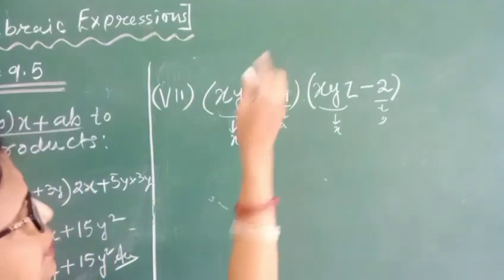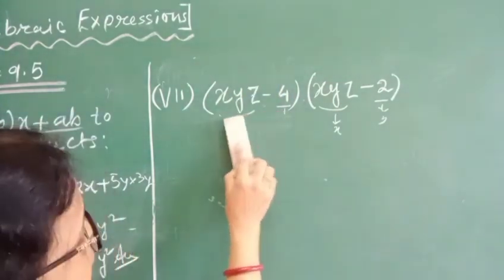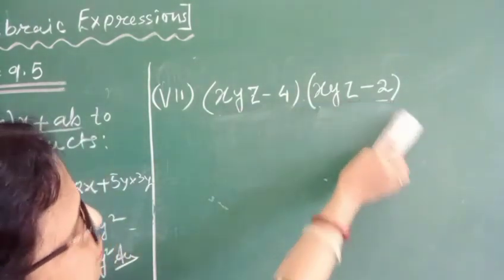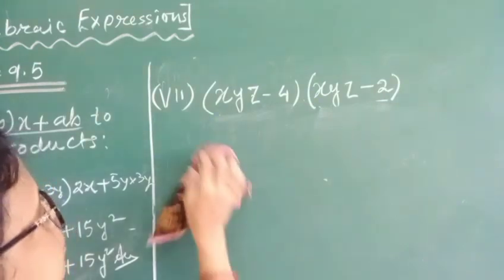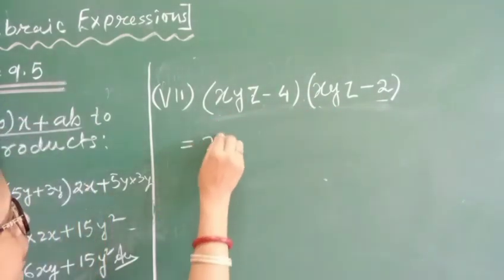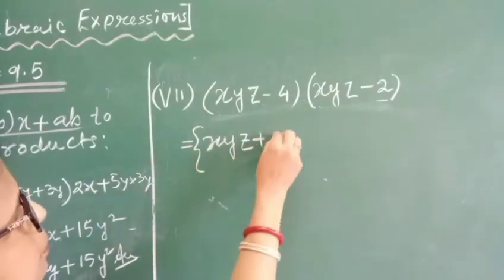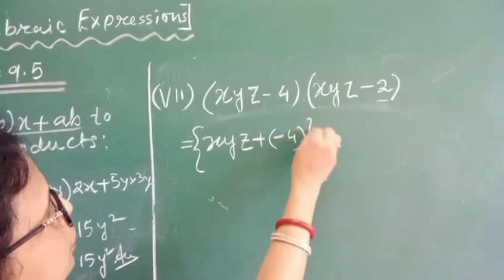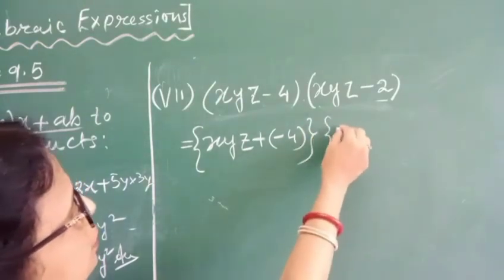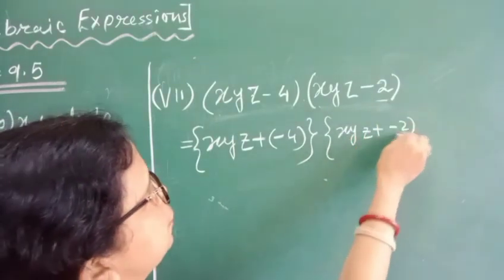As minus sign is there, students, we will arrange using the second bracket, to make the sum slightly clearer. Now xyz plus minus 4, close the second bracket. Then for the second binomial, xyz plus minus 2.